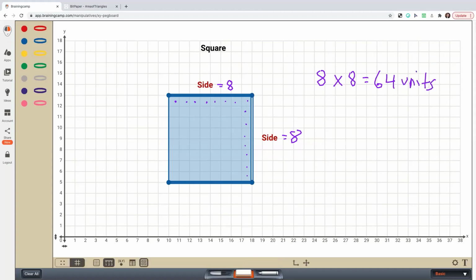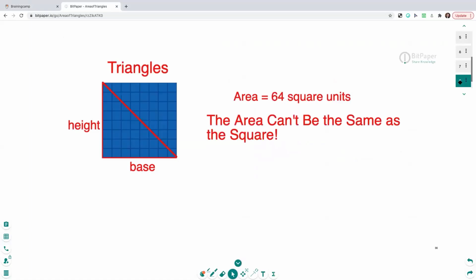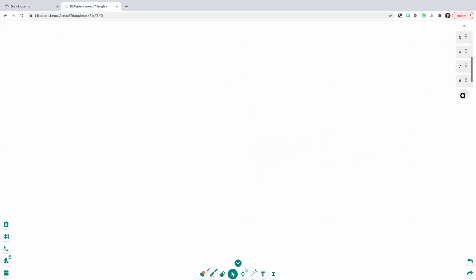But wait, how can the area of my 8 by 8 square, and the area of my triangle that has a height of 8 and a base of 8, also be 64 when I have a triangle here and a square over here? You might be thinking the same thing. I can't have the same area for those two shapes.